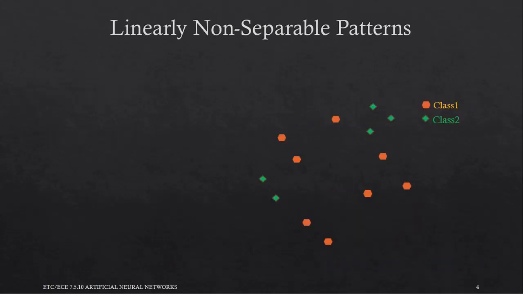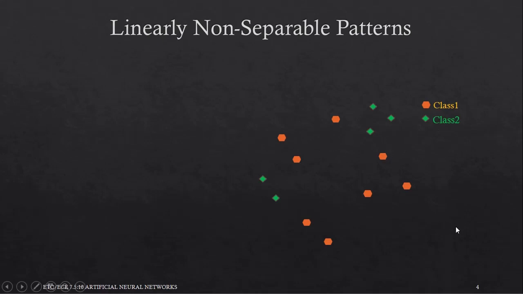Consider this example where there are patterns belonging to two classes positioned this way in the pattern space. We can see that the patterns are linearly non-separable. We cannot draw one single line in a way that patterns belonging to the two classes will be separated.